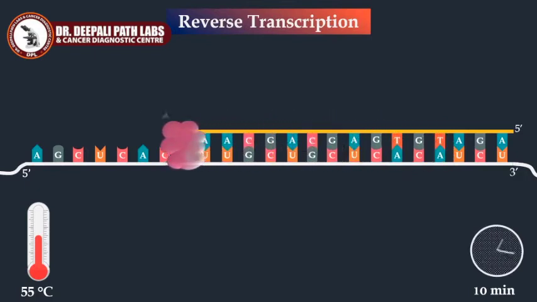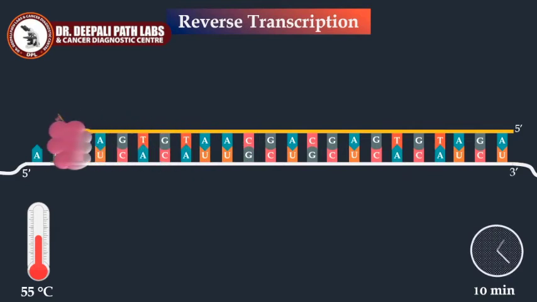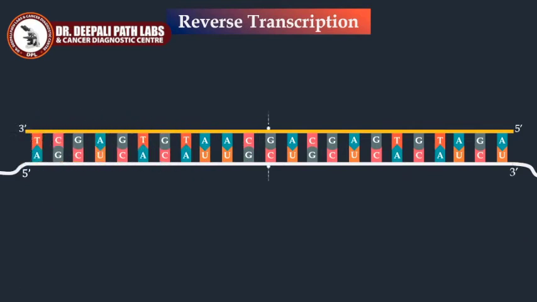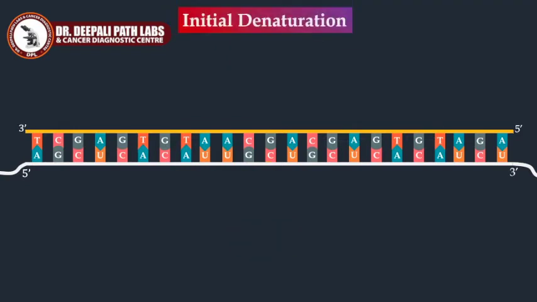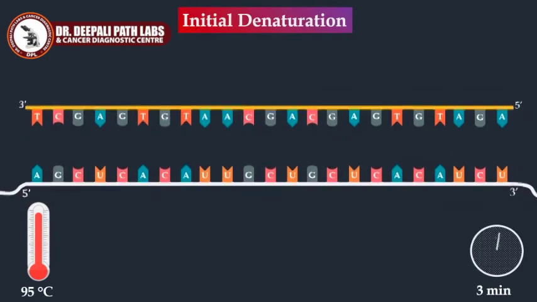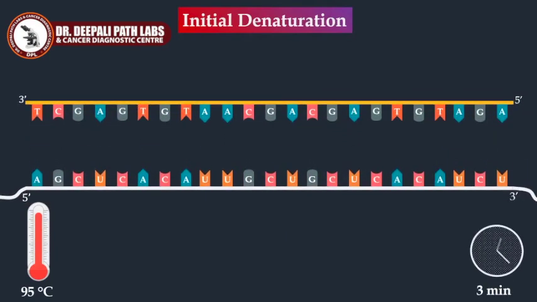The temperature and duration of this step depend on the primer, the target RNA and the reverse transcriptase used. Next, an initial denaturation step is applied, causing denaturation of the RNA-DNA hybrids. This step is required for the activation of DNA polymerase and simultaneously the inactivation of reverse transcriptase.